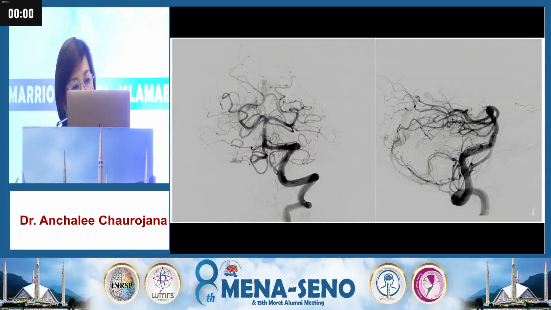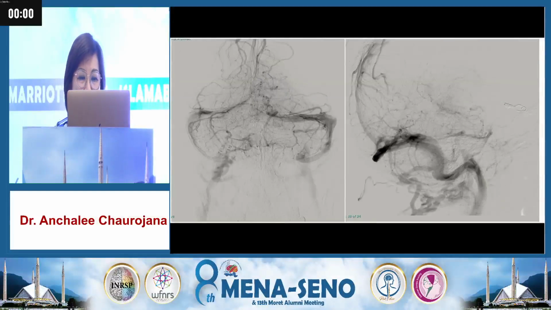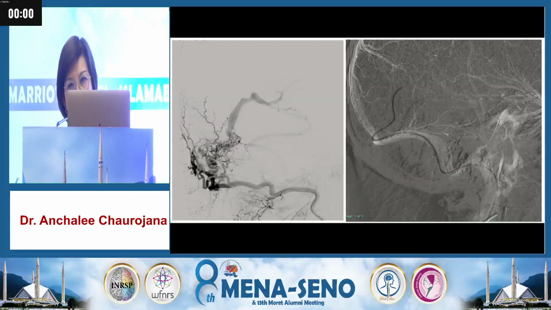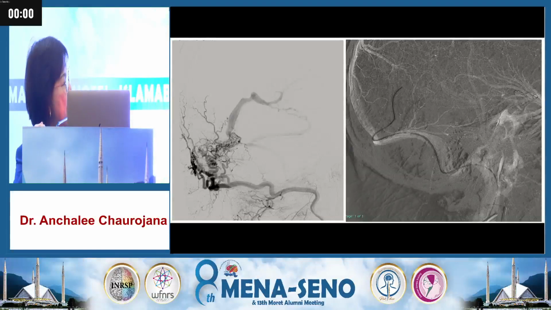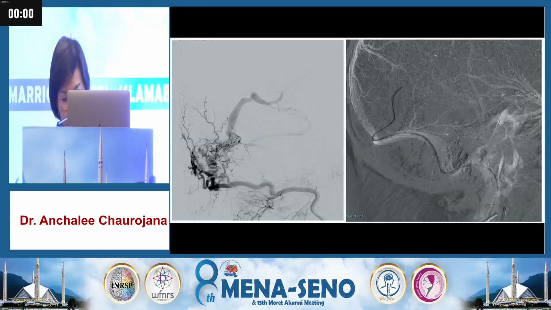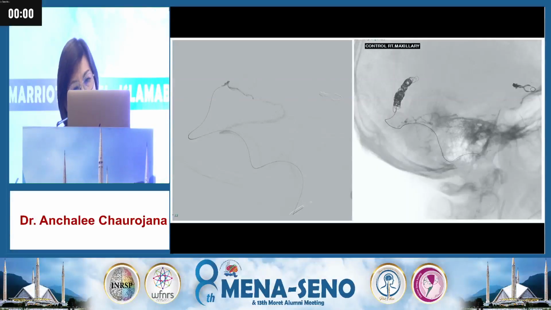Okay, and supply again from everywhere, as you can see. So in this case, we succeeded in navigating and passing through the stenotic or occlusion point until we went there. And after that, we were happy and it was easy to put in a coil.